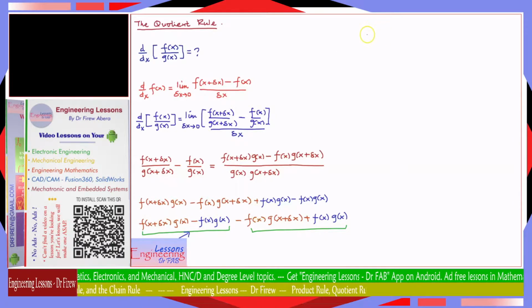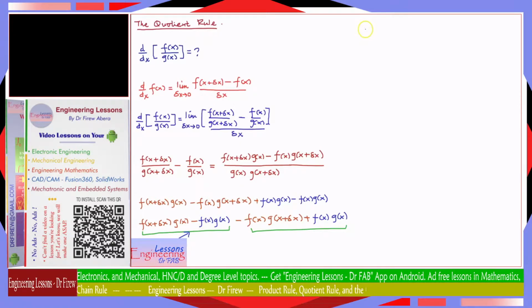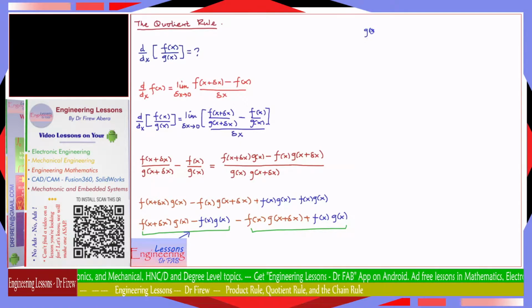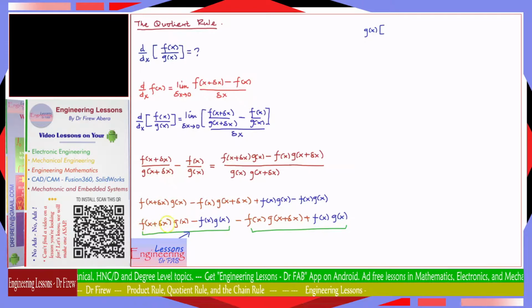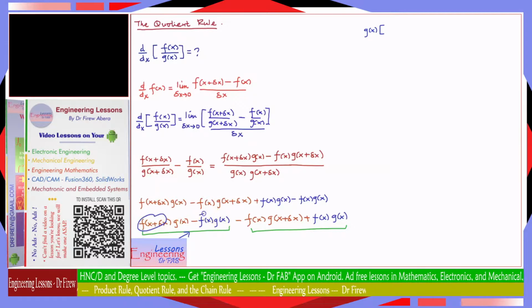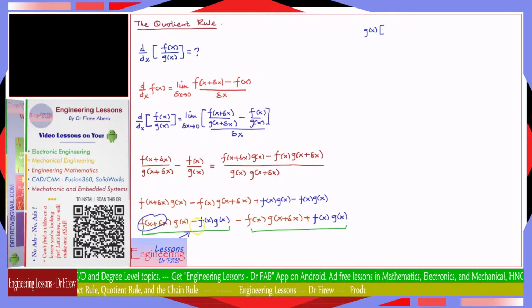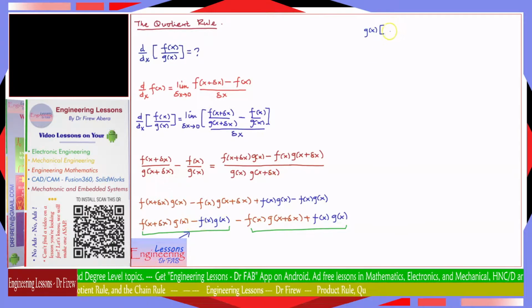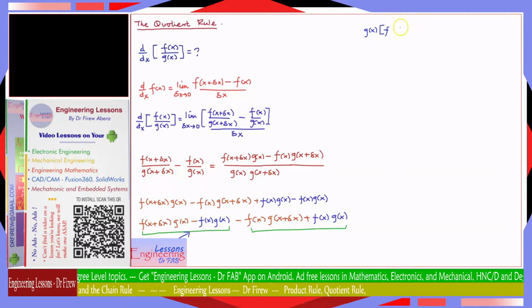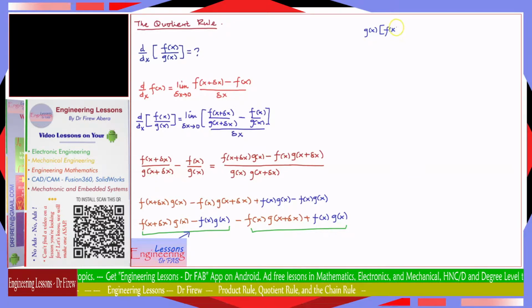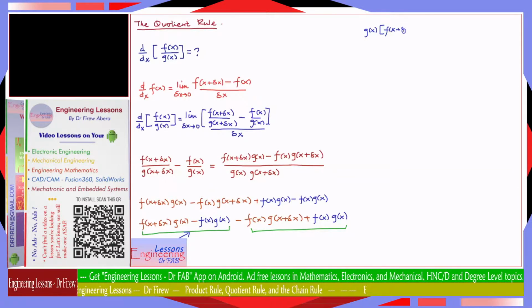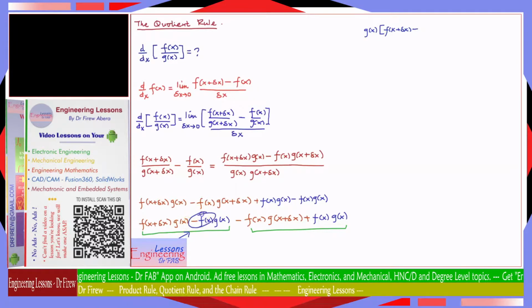That will be g of x, so g of x can be factored out, and we'll be remaining with f of x plus delta x minus f of x.